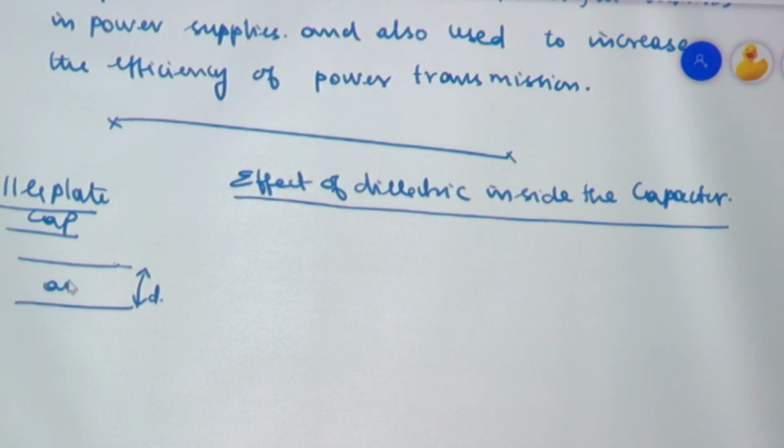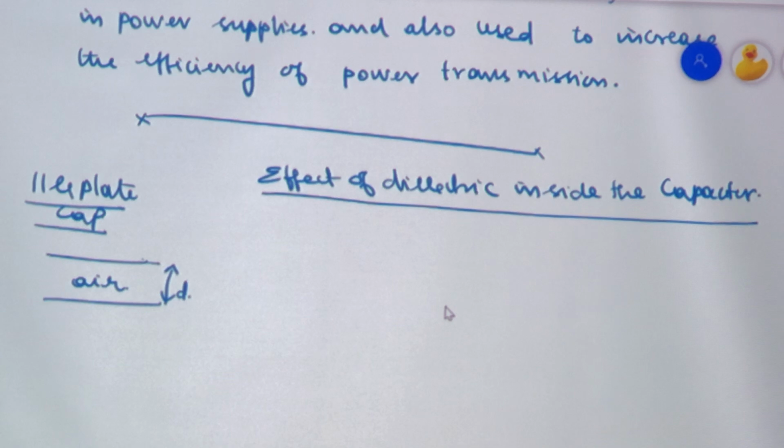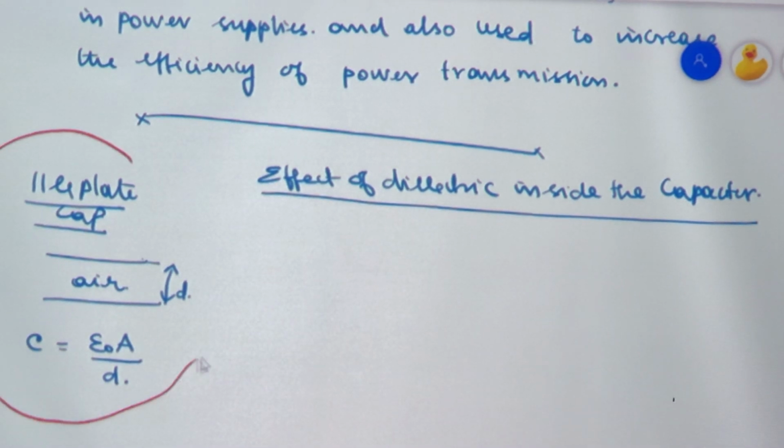Initially, we considered the dielectric as an air medium. If you introduce a dielectric as an air medium between the two plates, then the capacitance is given by the formula epsilon 0 into A divided by D. This is a general concept that we have already studied.